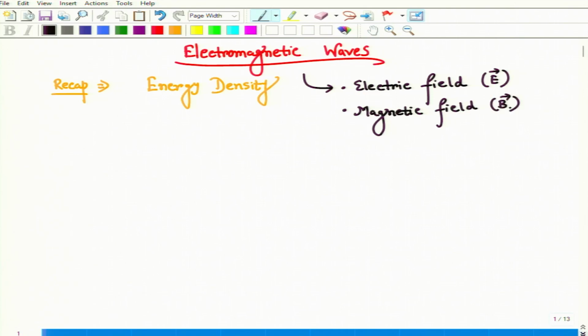So as the electric field is there and the magnetic field is there, there is some energy corresponding to the electric field and also for the magnetic field as well.